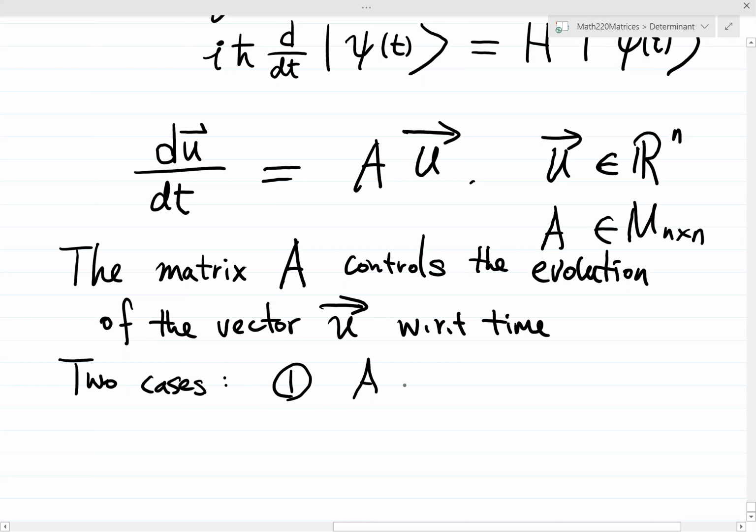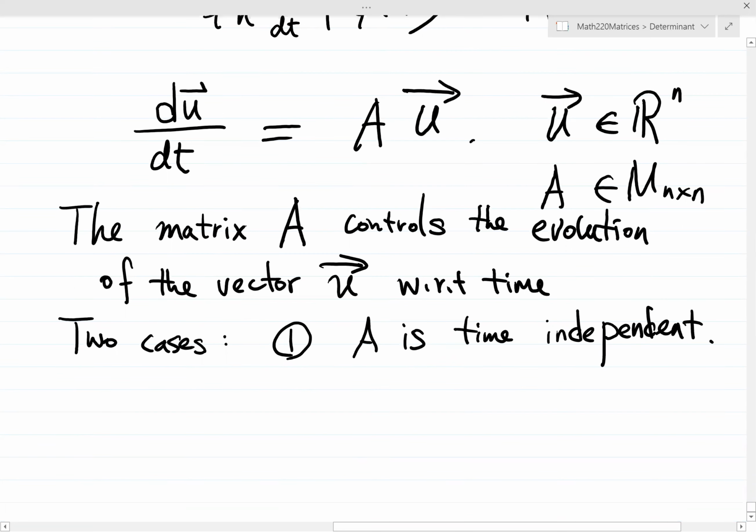A is a constant, a matrix that doesn't depend on time. It's constant with respect to time.